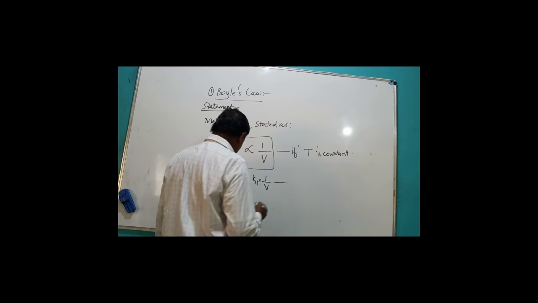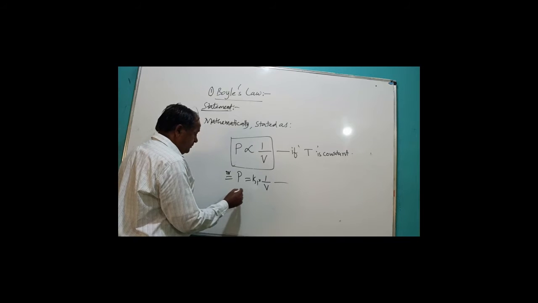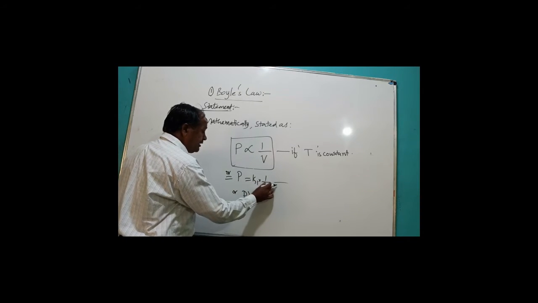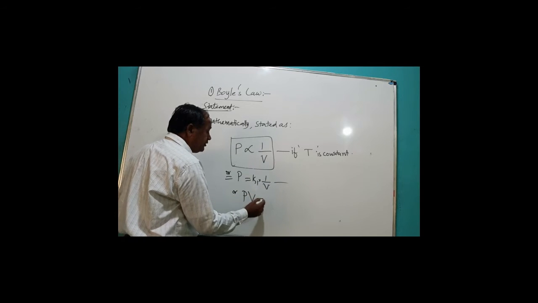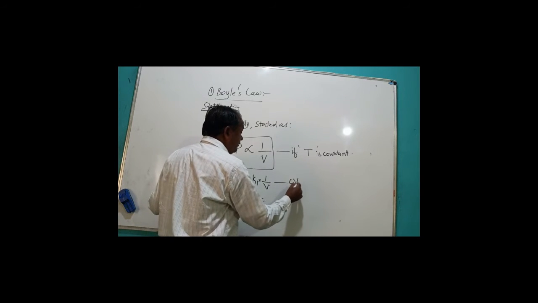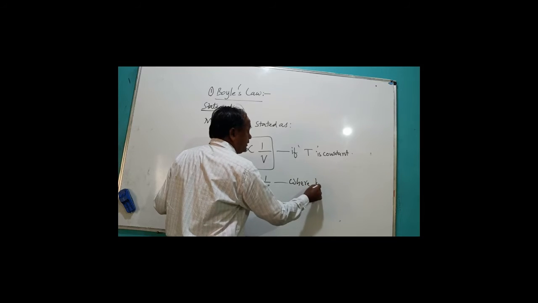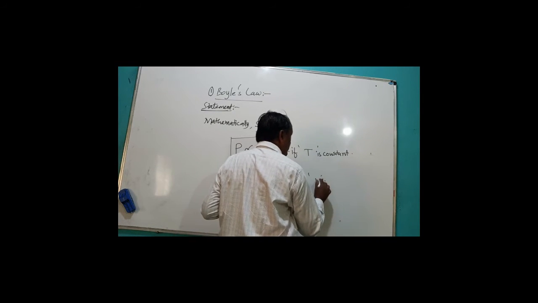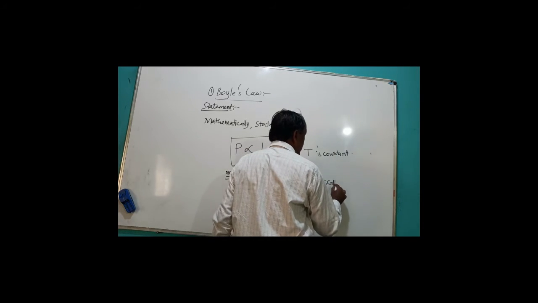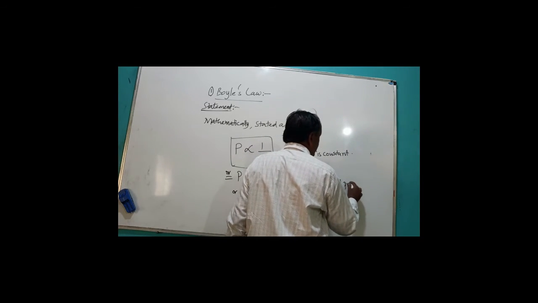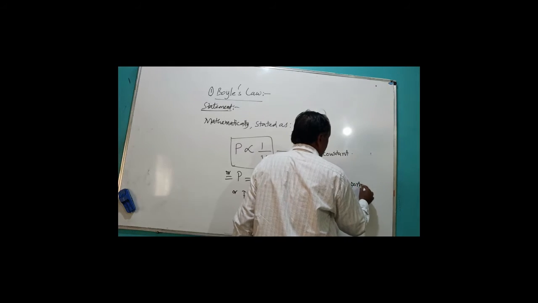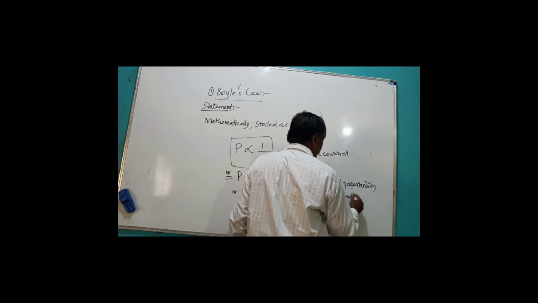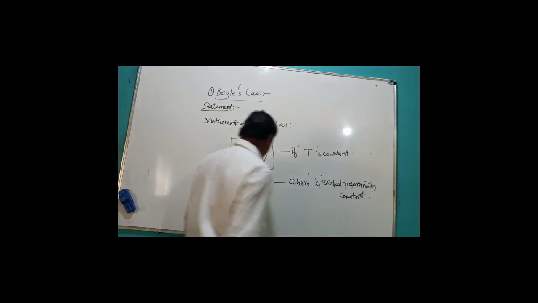If you cross multiply, PV is equal to K1, where K1 is called the proportionality constant.